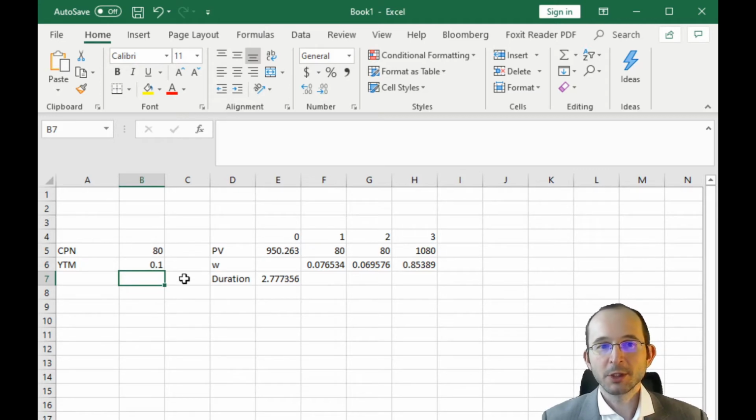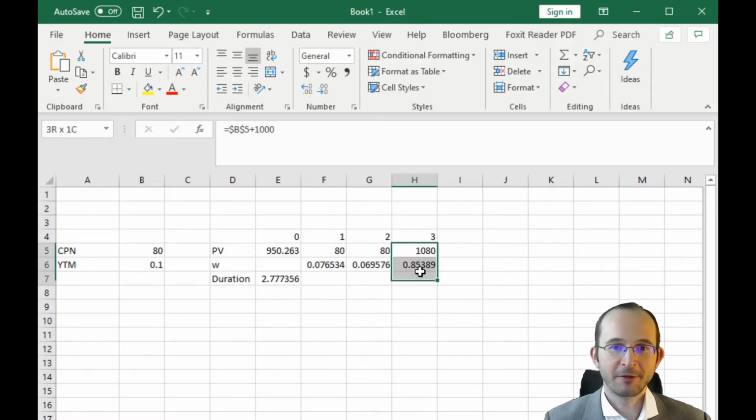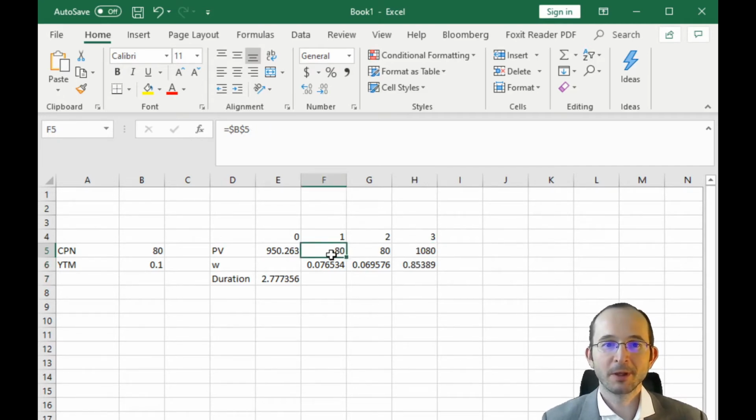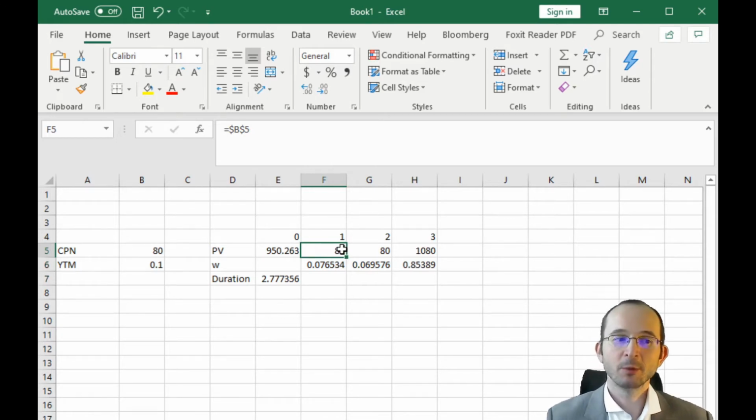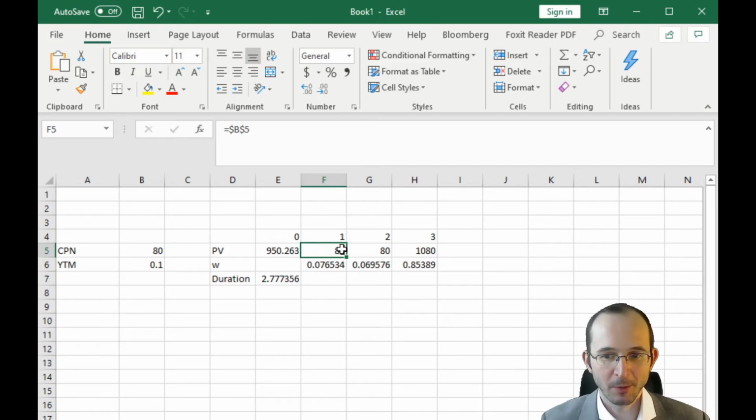Now, what's the intuition behind that? Why would we expect duration to fall? Well, a higher discount rate will affect farther out cash flows more, right? So it'll make them relatively less important and make the upfront cash flows relatively more important, which will again push that average maturity closer to year zero.